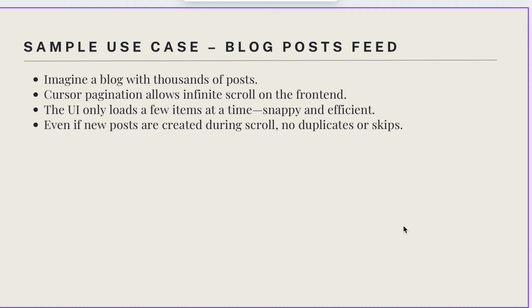As the user scrolls, we use end cursor from the previous query as the after in the next query. This avoids duplicates even if new posts are created while the user is scrolling, because we paginate relative to a specific item, not an offset.